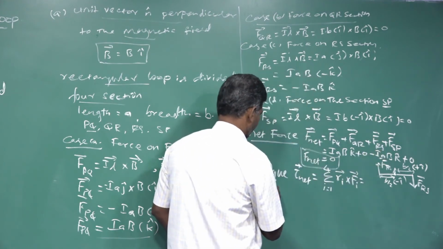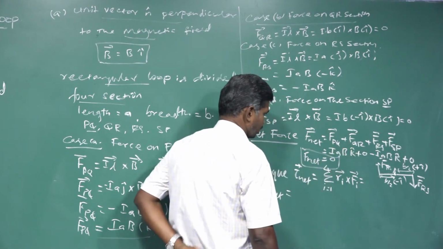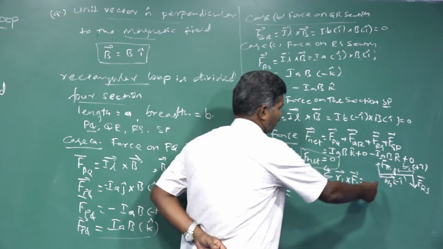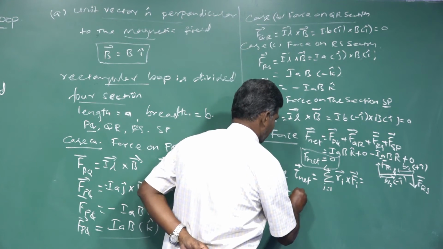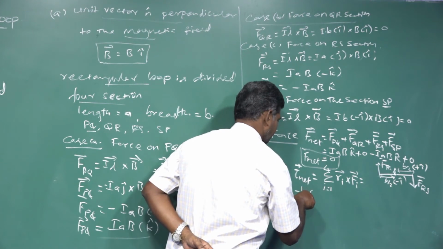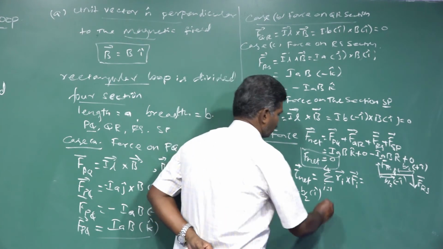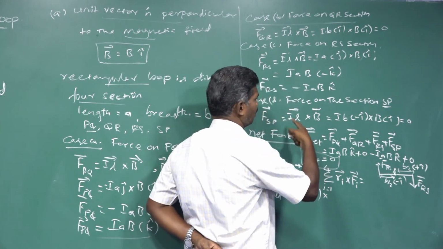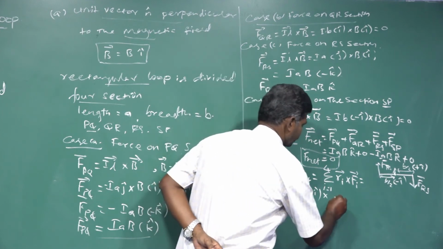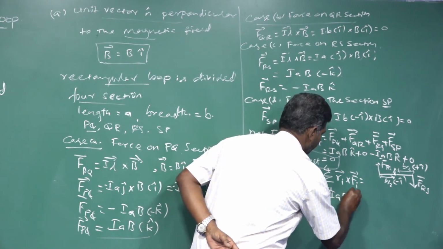That's why the net torque vector is equal to, first one we are going to take, that is for that F PQ vector, there we have perpendicular distance minus b by 2 I cap, taken as minus b by 2 into I cap into force F PQ vector. We know that F PQ vector is taken as I a b K cap.